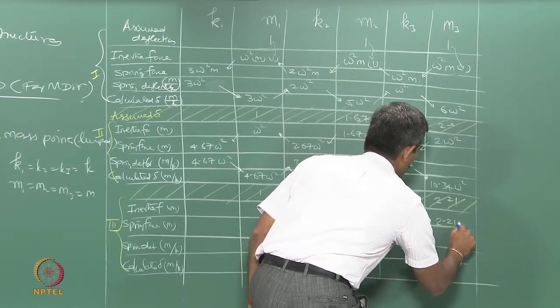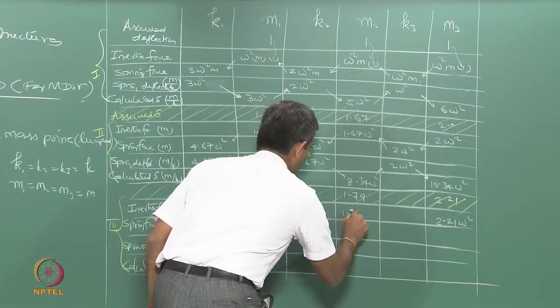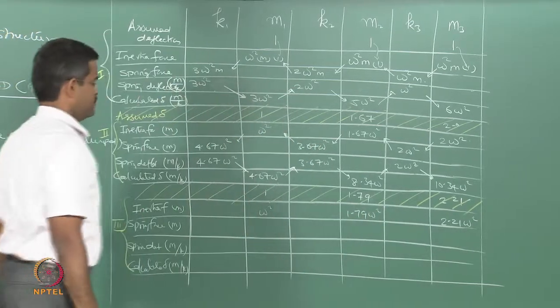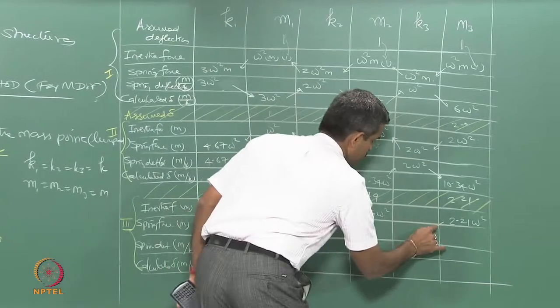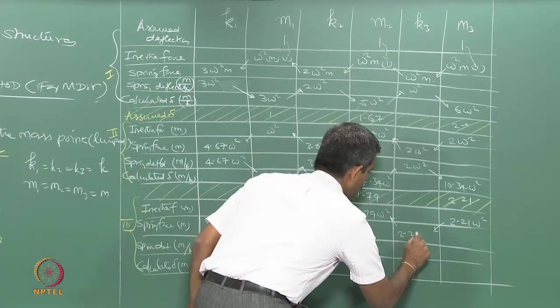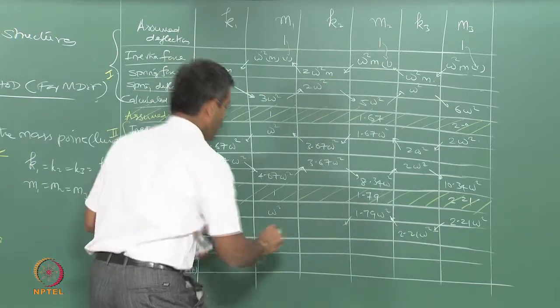So, 2.21 omega square, 1.79 omega square. So, 2.21 omega square, 4 omega square.